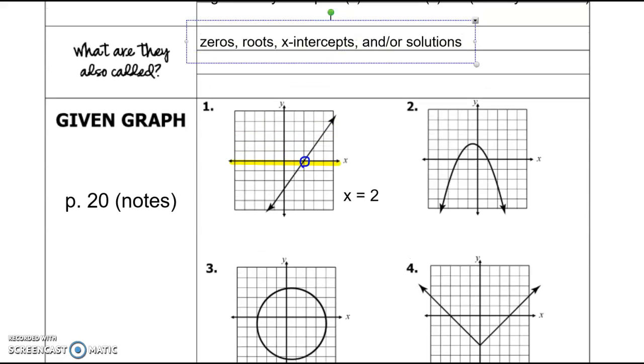So number 1, we said the answer was x equals 2. How about number 2? Again, we want to think, where does that graph cross the x-axis? This time it is 2 points. We've got 1 point on the left side of the origin and 1 point on the right side.